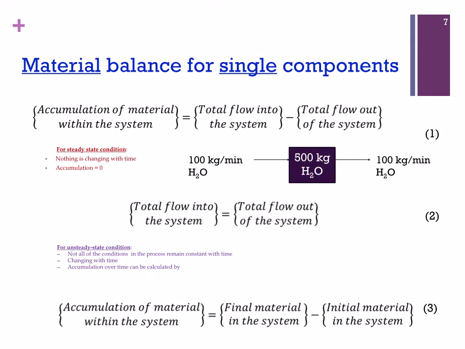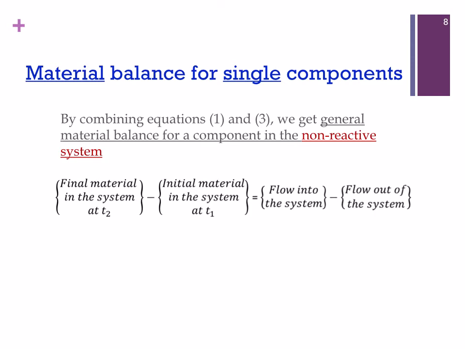So if we have a non-reactive system for a single component, we can do a calculation on the non-reactive process by using the general material balance equation, whereby we use the amount of material in the system at time 2, minus the initial material in the system at time 1.